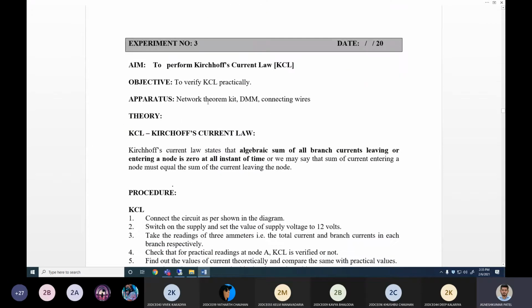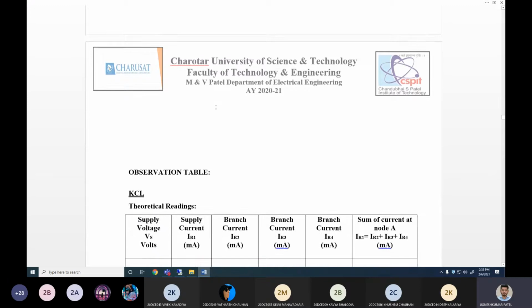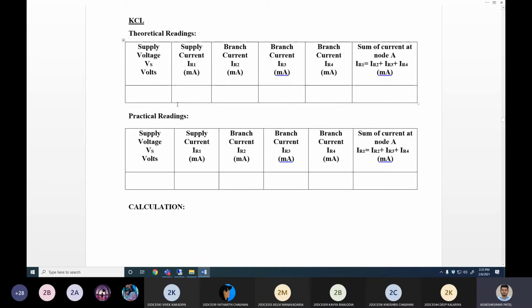The kit we used in the last experiment would be more than enough for this practical. And again, in today's lecture you will be supposed to write the readings. Very basic readings, same as the last experiment.